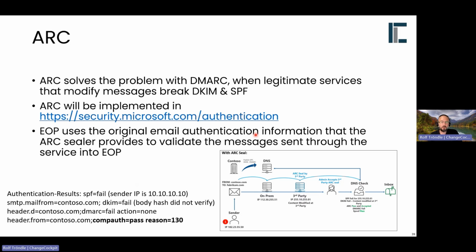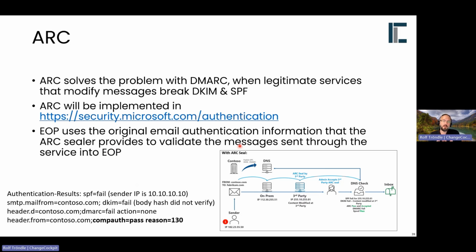The only thing you need to do is to add the domain where you would like to have the ARC, and Exchange Online Protection then uses the original ARC seal. Means we don't just say we trust this guy, everything that's coming in from here. We would then use the original email authentication information, which the ARC sealer adds in there, to validate the message.